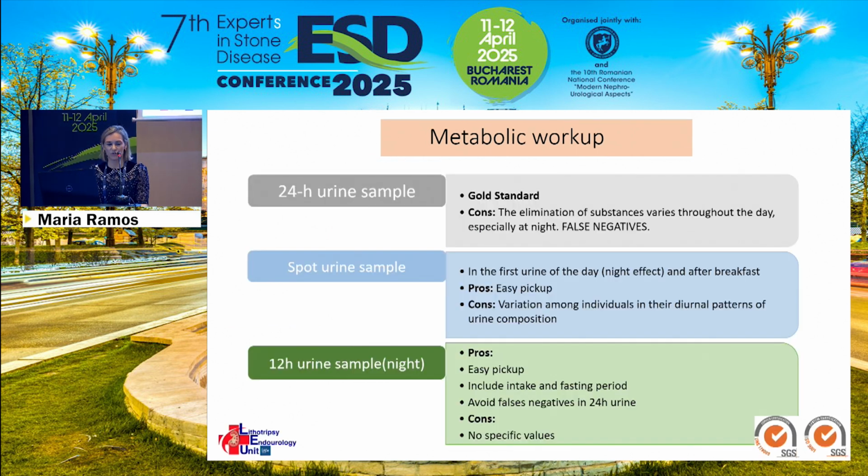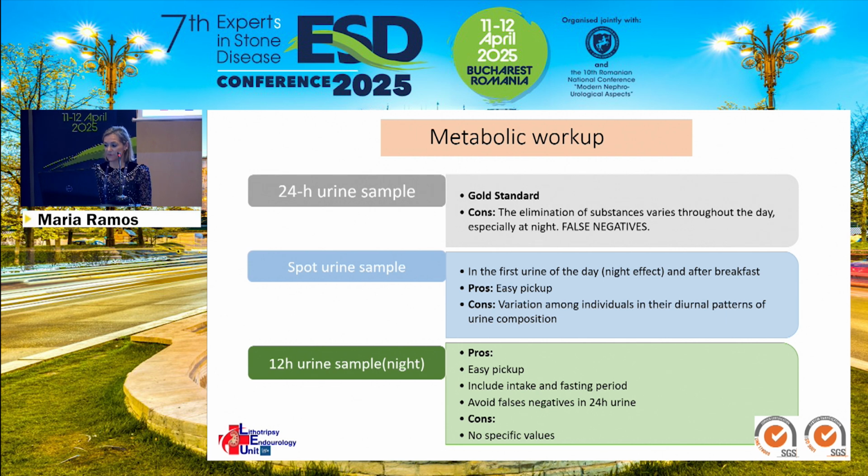And what type of urine collection is the best? The 24-hour urine sample is the gold standard, but there may be false negatives. As an alternative, we have spot urine samples that are more used by pediatricians. They use these samples from the first urine of the day and after breakfast, and the pickup is very easy.